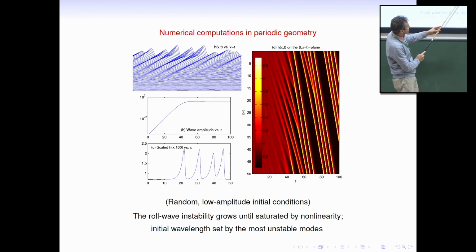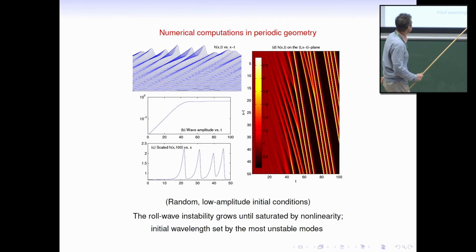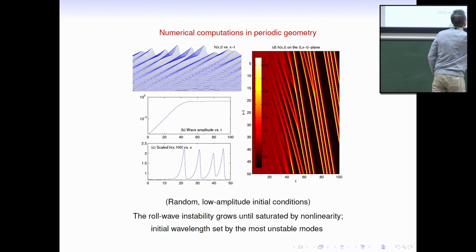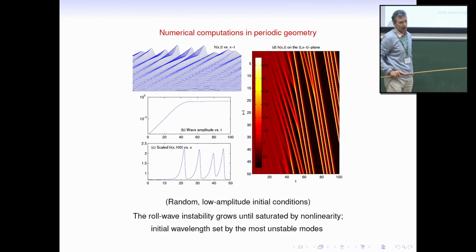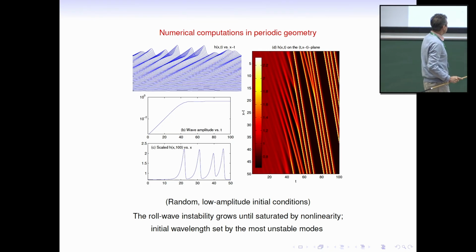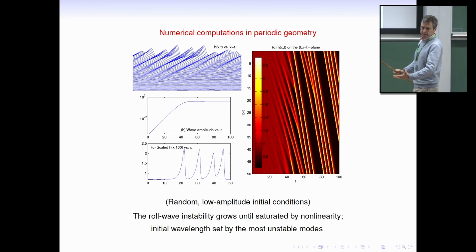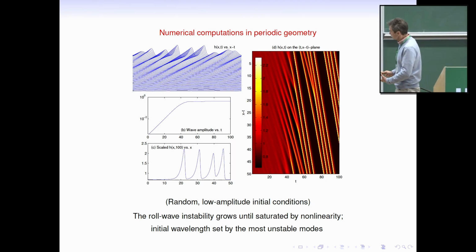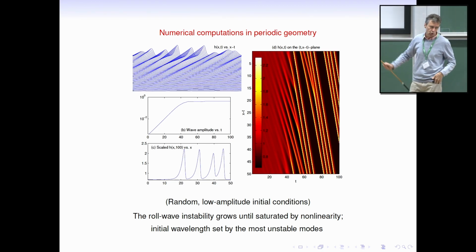What subsequently happens is that waves start to merge together. There's some merging events that coarsen the pattern. And at the end of this computation here, we've got 4 waves left, whereas there was perhaps twice that due to the linear instability. Okay, so roll waves, they grow, they saturate to some degree to begin with. The initial wavelength is set by the most unstable mode, but then there's coarsening.